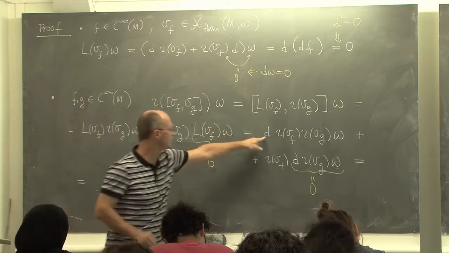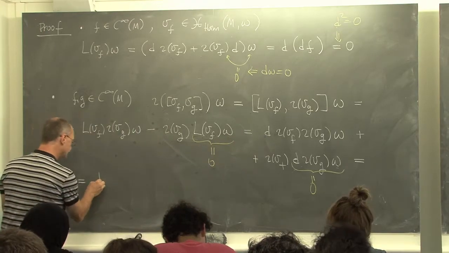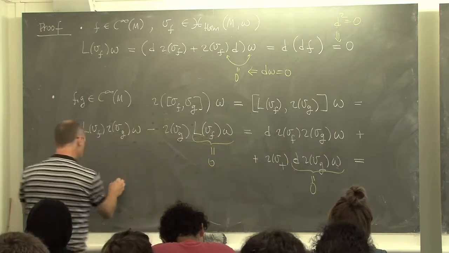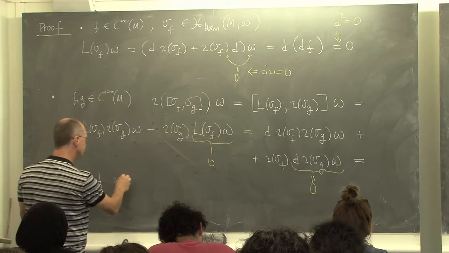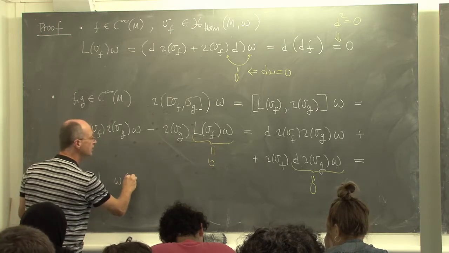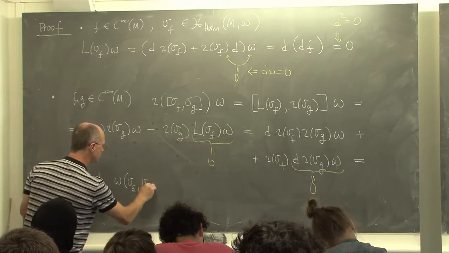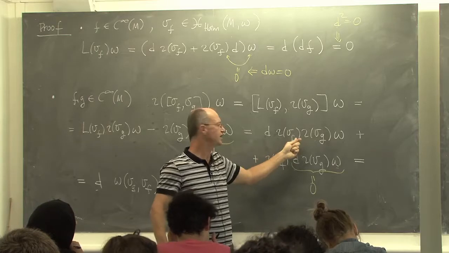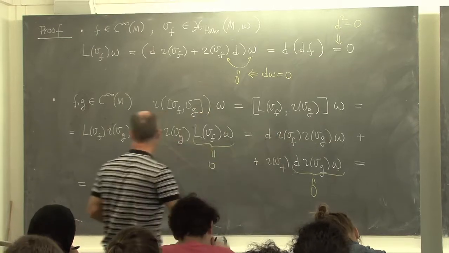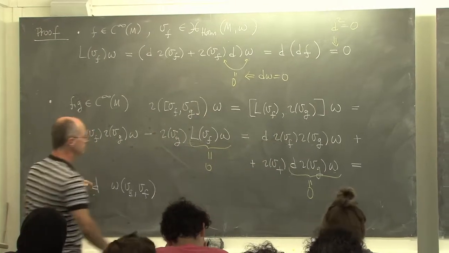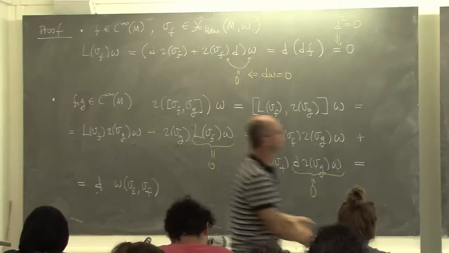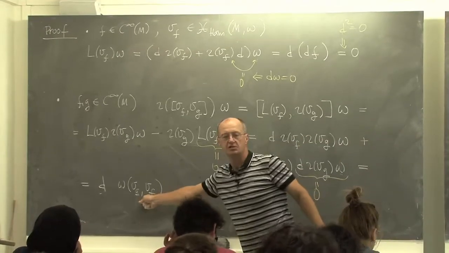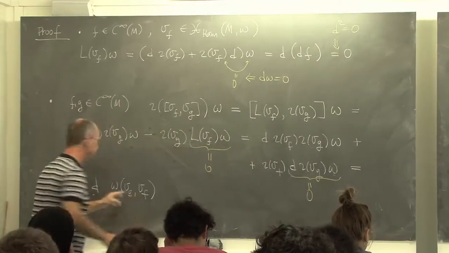So this means that in the end of the day, we get d of something. And this something is equal to omega of Vg, Vf. Right? You first make the first substitution, and then you make the second substitution. In particular, if you only want to prove the first point, we actually don't care what this is here. We just care that it's d of something.